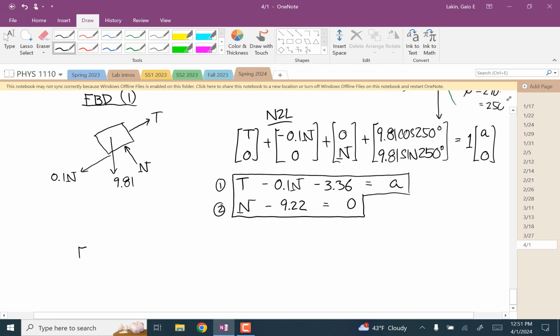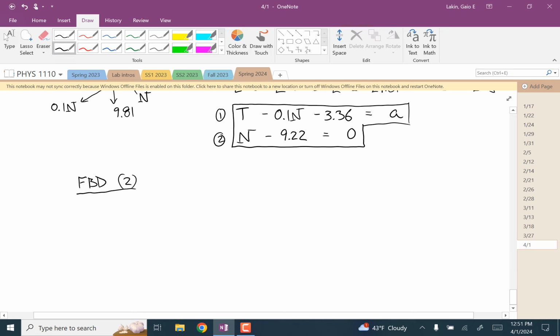And now we'll go to the 2 kilogram body. We have the weight force down of 19.62.